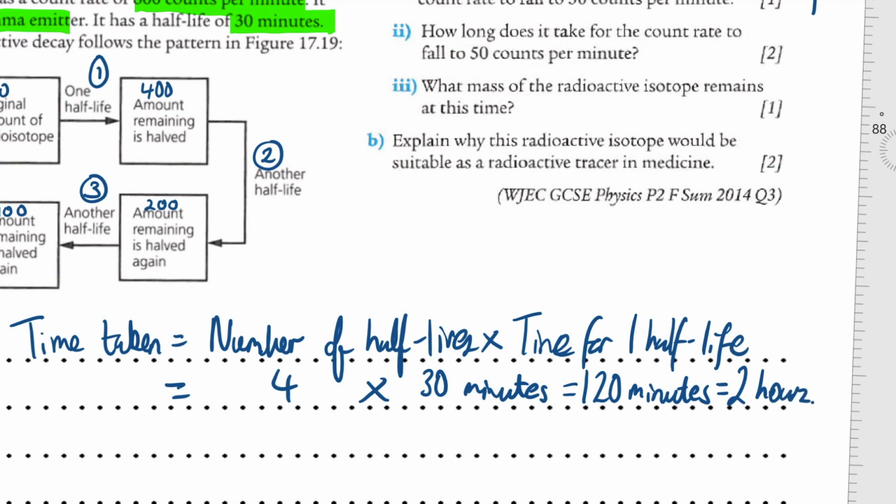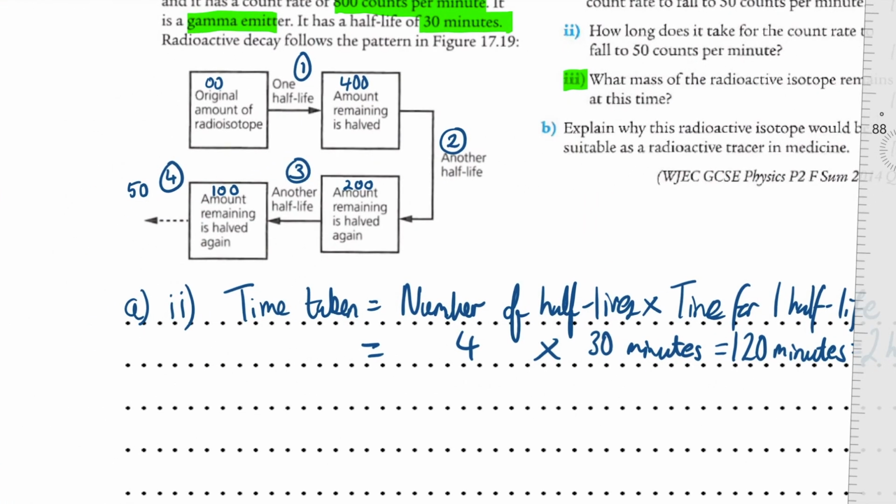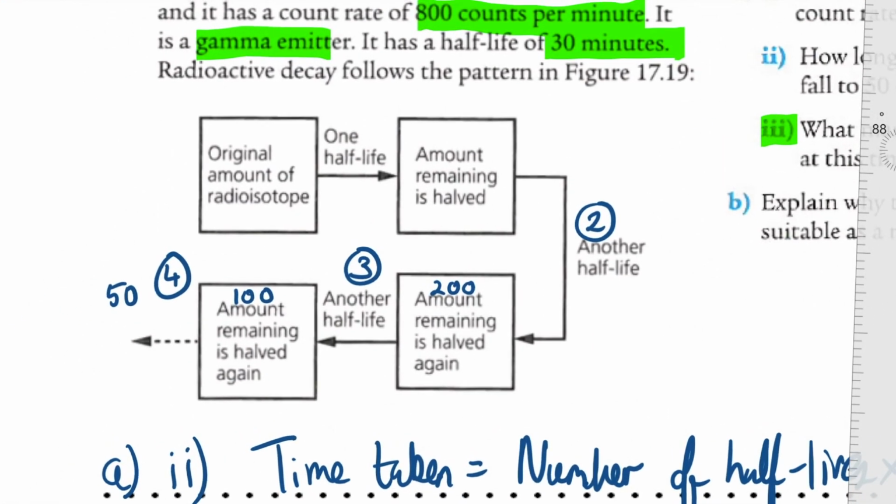Part 3. What mass of the radioactive isotope remains at this time? Well, it's the same idea as the count rate dropping. So we could do the same thing here. We'd start off with 64 grams. I'll just use a different colour. 64 grams to start off.